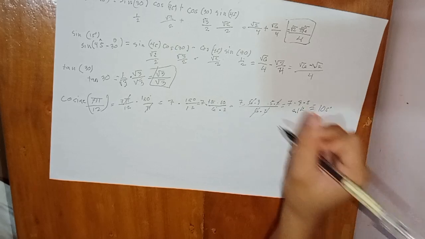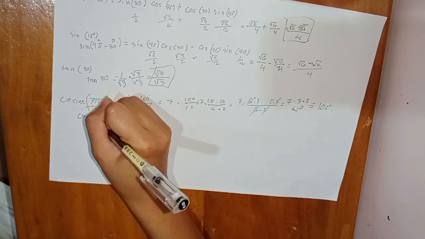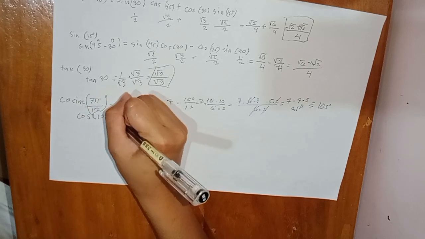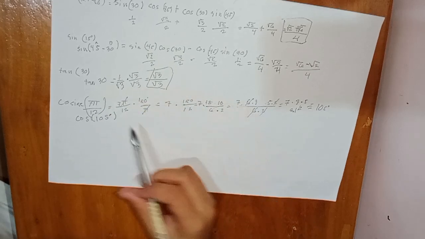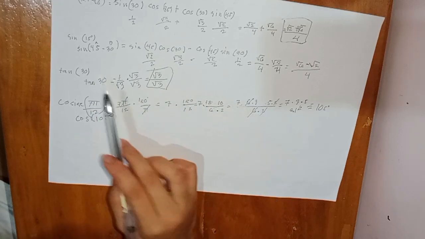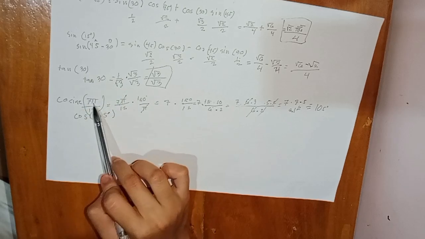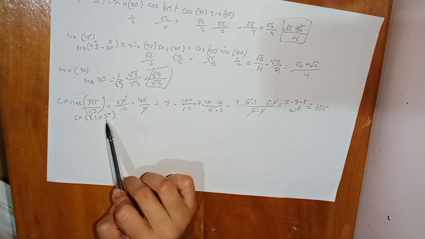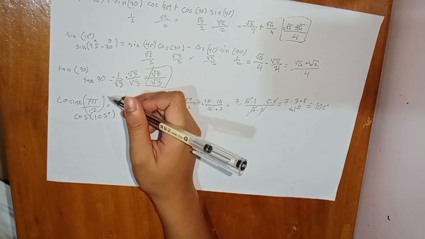So the cosine 7 pi over 12 is cosine 105 degrees.